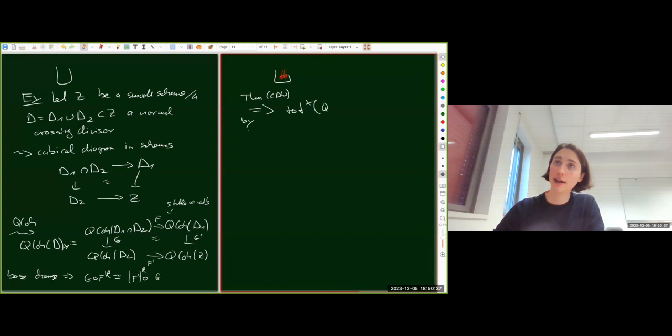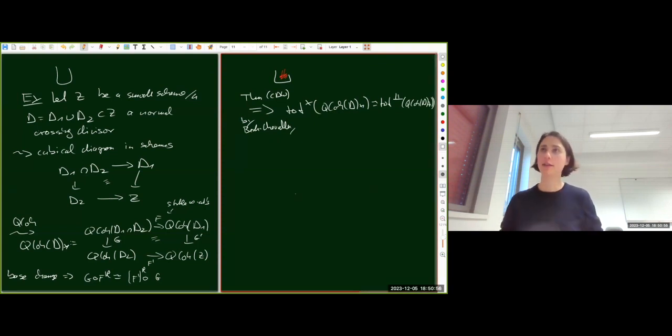By base change or by the Beck-Chevalley condition, QCoh of D star, so we have two different versions of the totalization, but in this example they're the same. And yeah, we can give this a name. We call this a complex. How does it look?